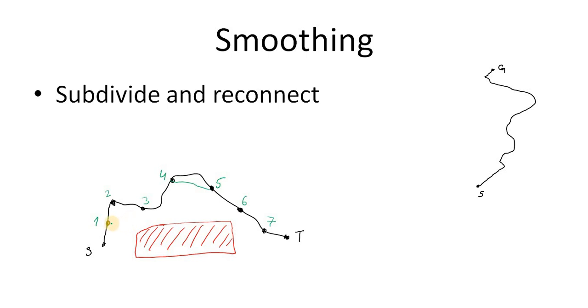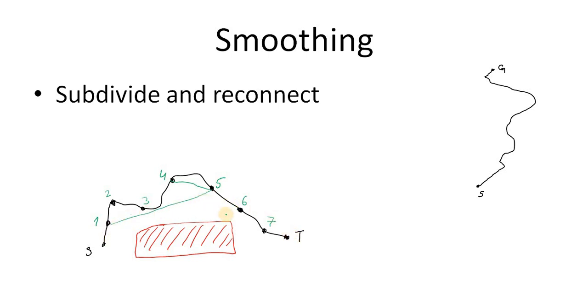So if there is no obstacle, then we just simply connect these 2 points. Now this is the shortest path from 1 to 5, instead of going from 1 to 2 to 3, 4, and then 5. Now the path we have is S, 1, 5, 6, 7 to the target or the goal location.